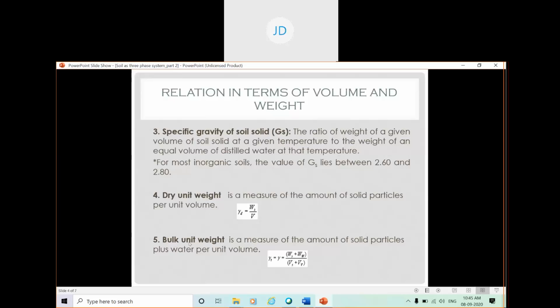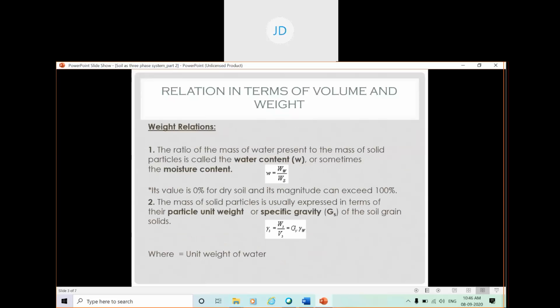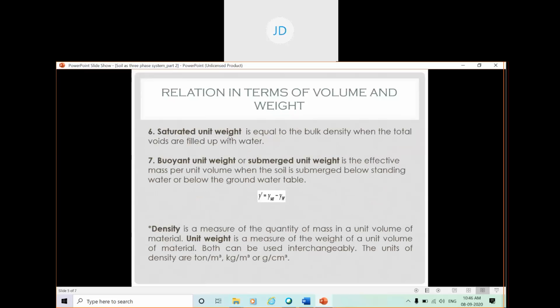We can find bulk density, dry density, density of solids, then saturated density and submerged or effective density. All the other concepts will be the same. Only in place of gamma we have to use rho. The symbol used for density is rho, so just replace gamma by rho and the formulas will be the same.